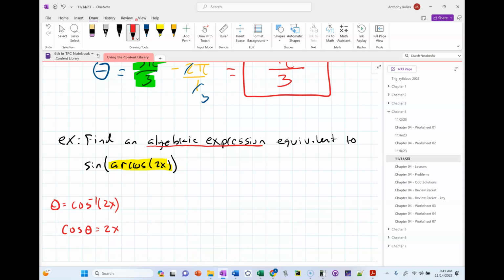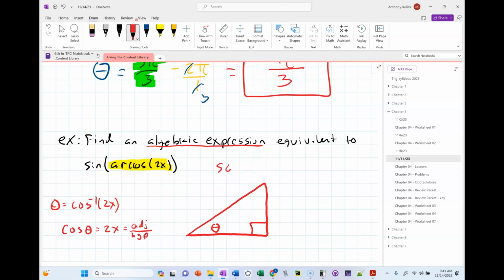So here's what I'm going to do now: I'm going to think about cosine theta equals 2x as a right triangle problem. So I'm going all the way back to my geometric definition for sine, cosine, and tangent. In a right triangle, what is cosine theta equal to? Not opposite. Adjacent over hypotenuse is correct.